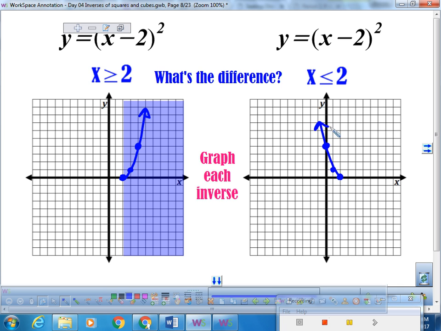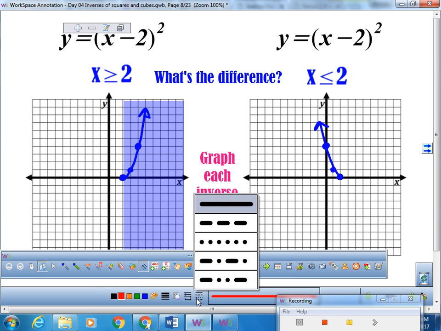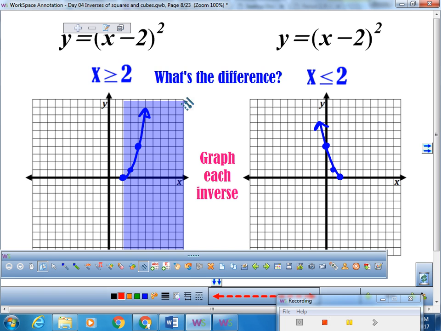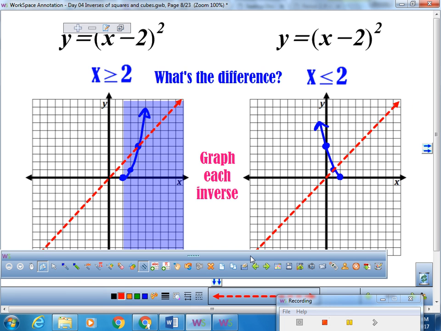We're almost ready. Okay. Now I'm going to graph each inverse. The inverse is reflected over y equals x. So check this out. How do I find the inverse?